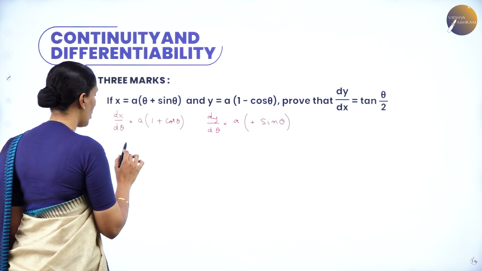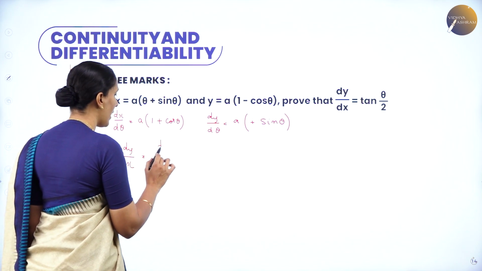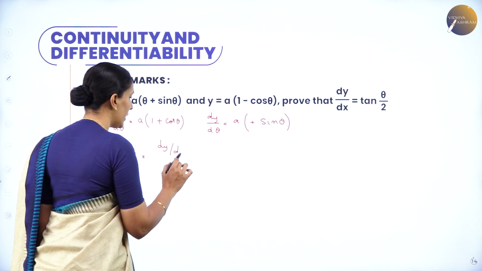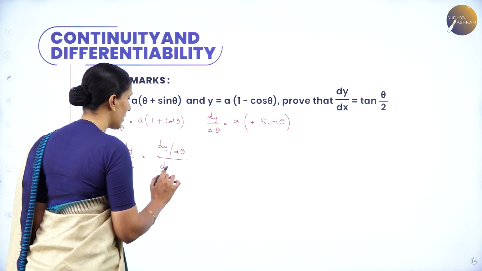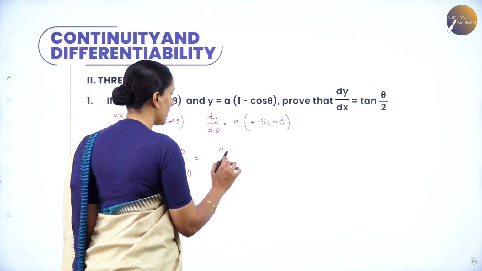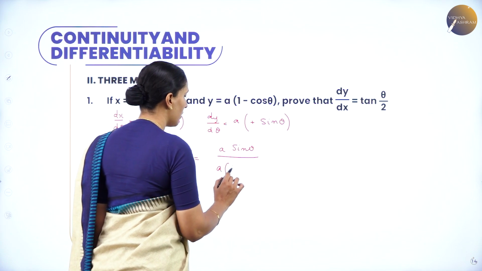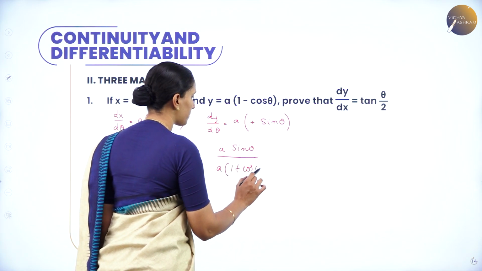Now if we want dy by dx, we divide dy by d theta by dx by d theta, which is a sin theta divided by a(1 plus cos theta).